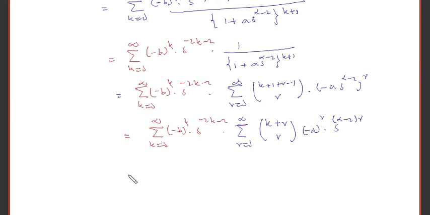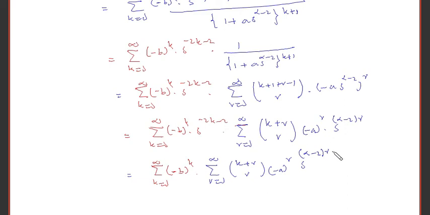One more step to write. This becomes summation k from 0 to infinity (-b)^k, and then the next series, summation r from 0 to infinity (k+r choose r), then (-a)^r, and then s to the power (alpha-2)r, and these two powers, -2k-2.